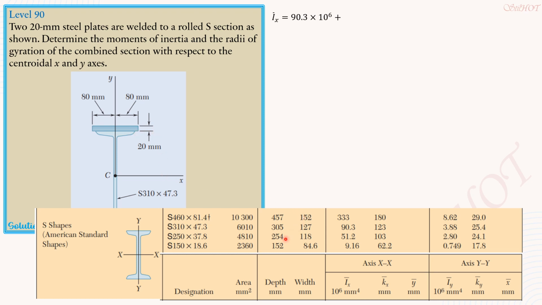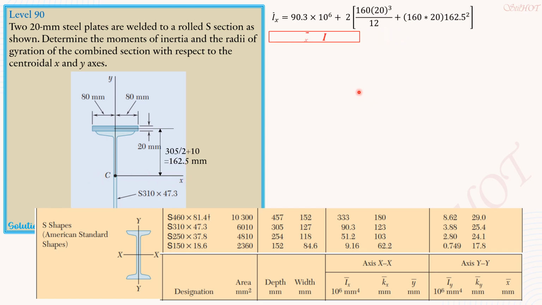So half of 305 plus 10 is 162.5. So that's the moment of inertia with respect to this x-axis, and it is equal to 259.5 times 10 to the 6 mm to the fourth.